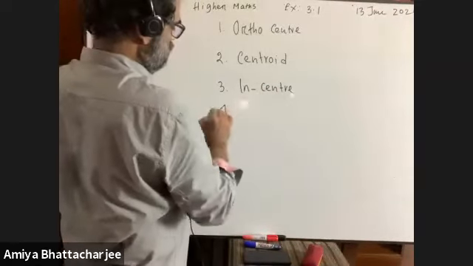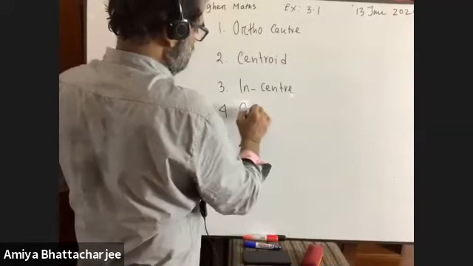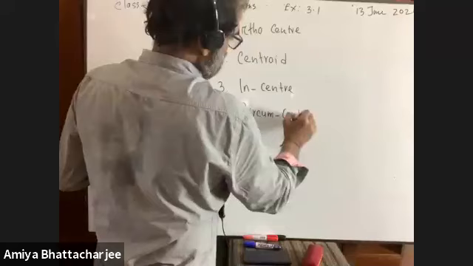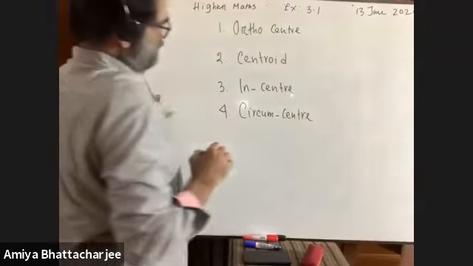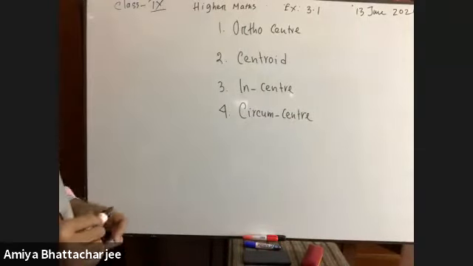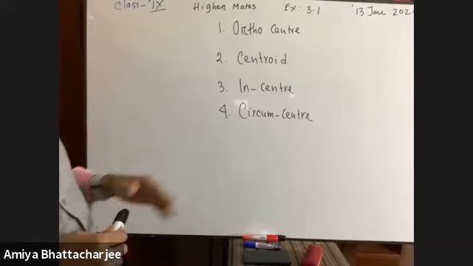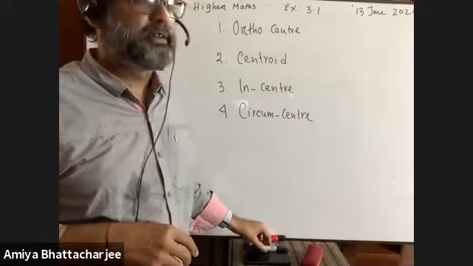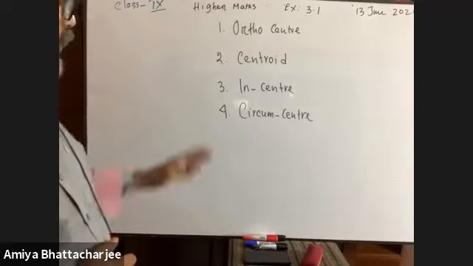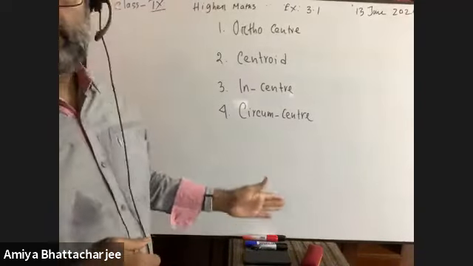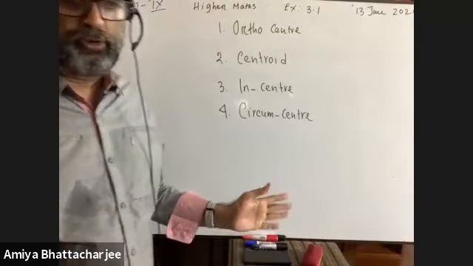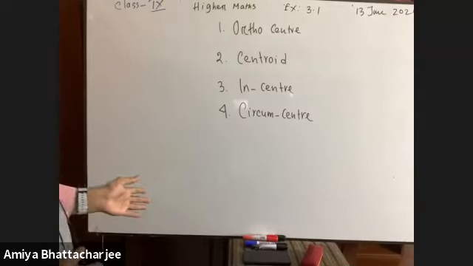Number 4, circumcenter. Is there any student here who can define any of these 4? Or who has any idea on any of these 4? Not a matter, I will never mind, because it is new to you. I told you earlier.